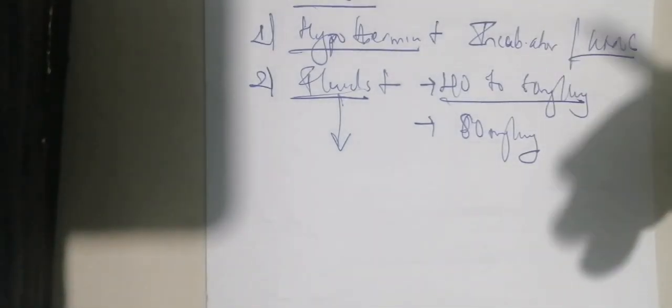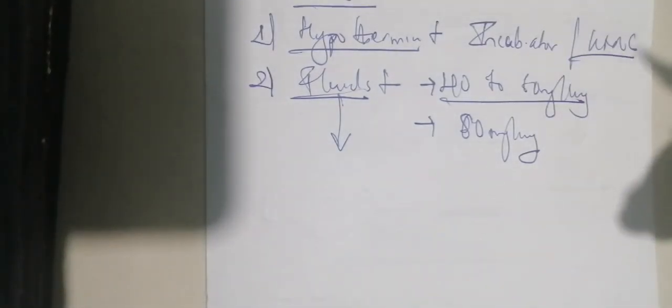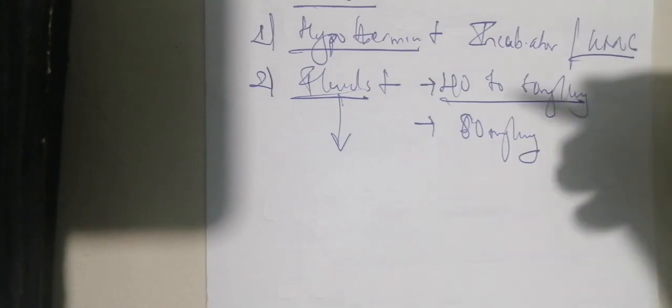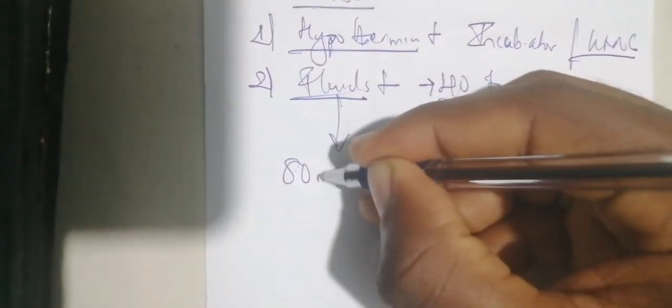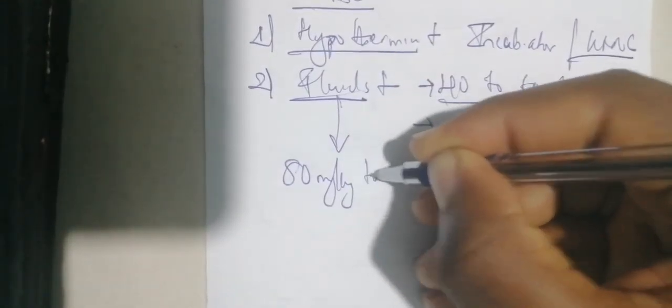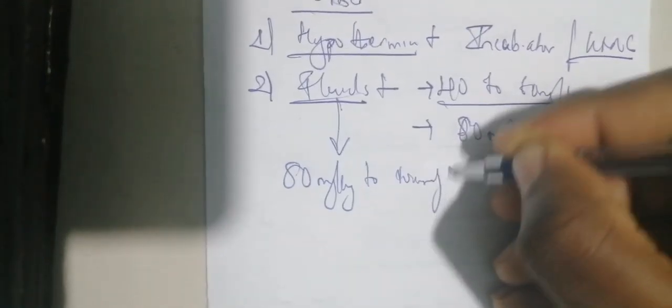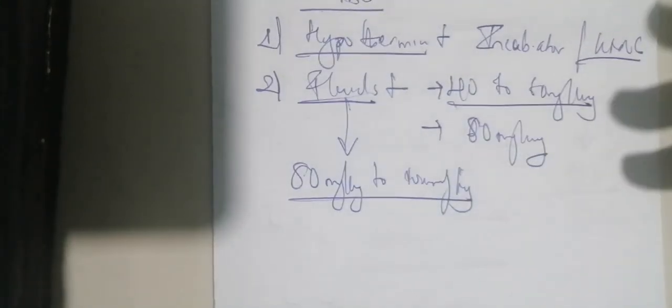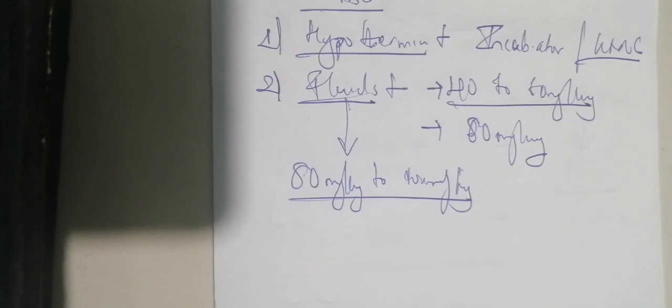Now for the fluids in patients who are low birth weight, is it clear? When you are premature or low birth weight, your fluid on the first day starts at 80 to 100 milligram per kilogram, because in low birth weight they don't have fats at the level of the skin in order to retain their fluid, so their fluid is easily lost via the skin. Is it clear?